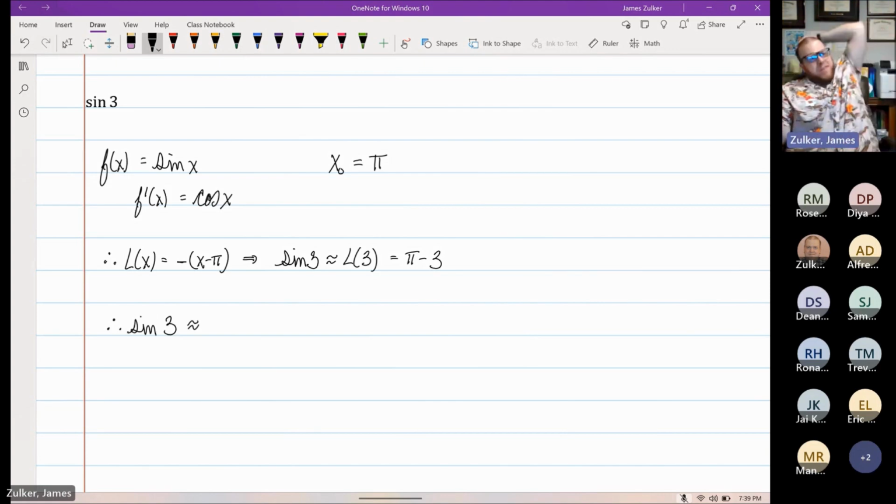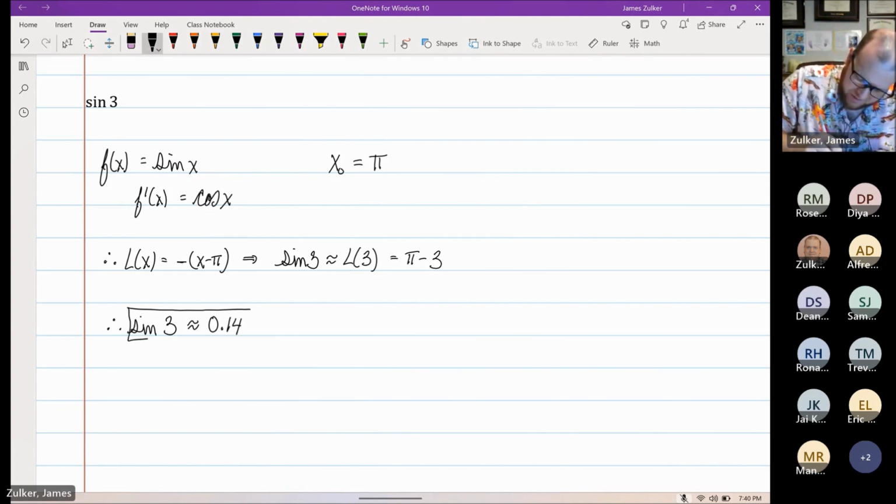If we take pi to be 3.14 as an approximation, then we're going to get what? That sine of 3 is about 0.14.